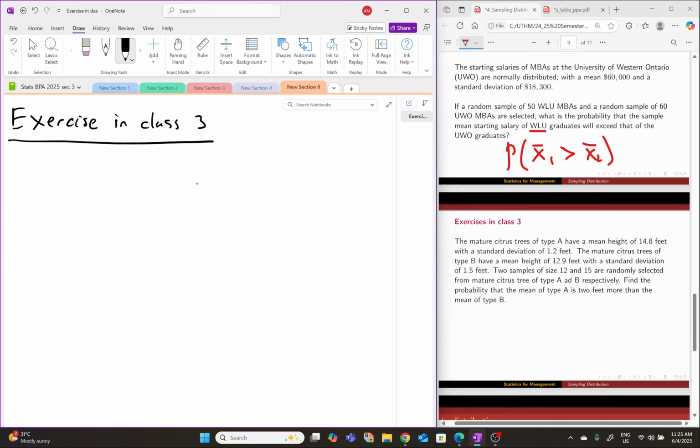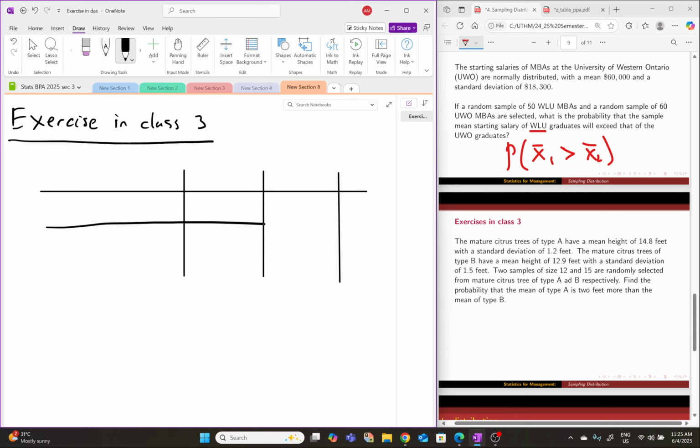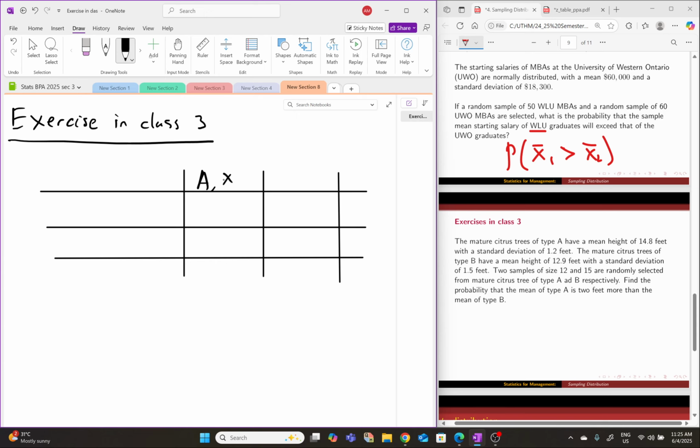Okay, so if you want to do the table here, you can put 1 here, you can put A here, anything. I put A now.